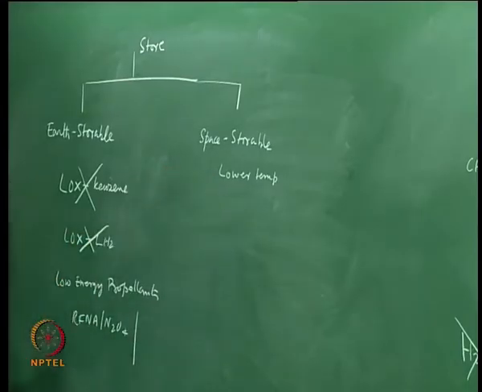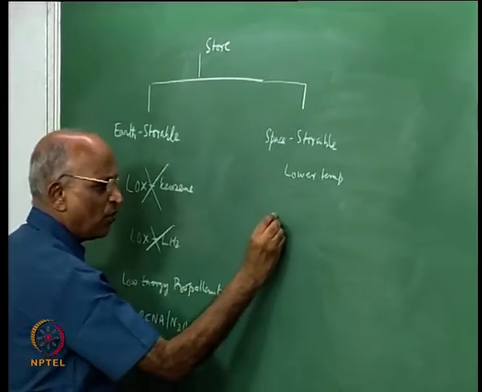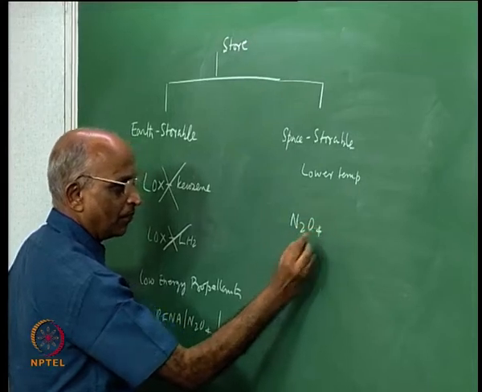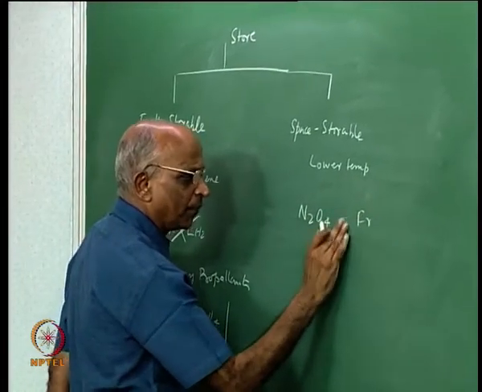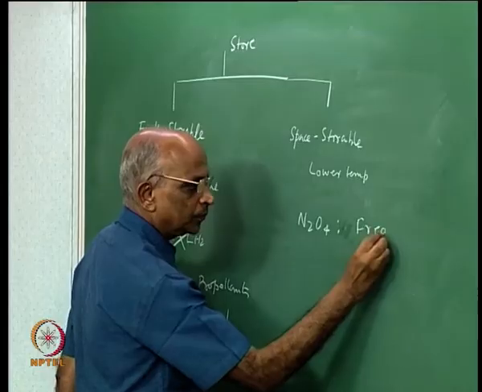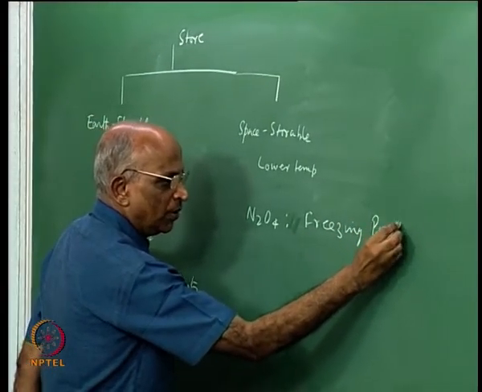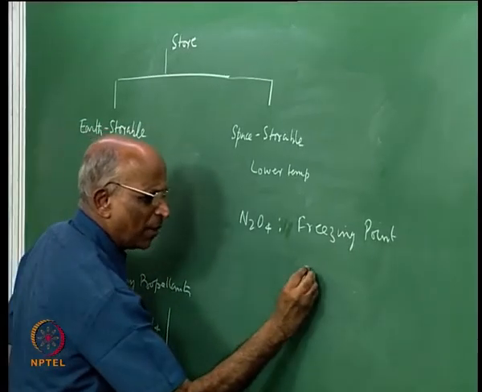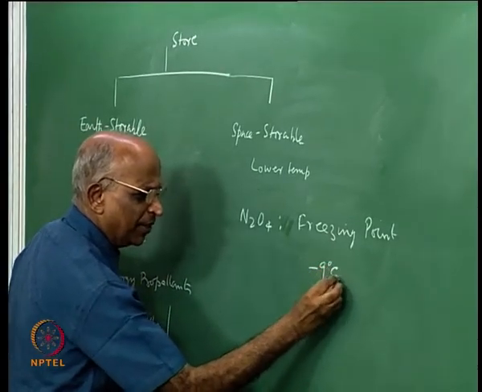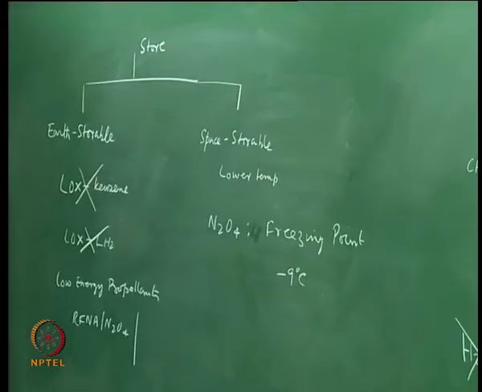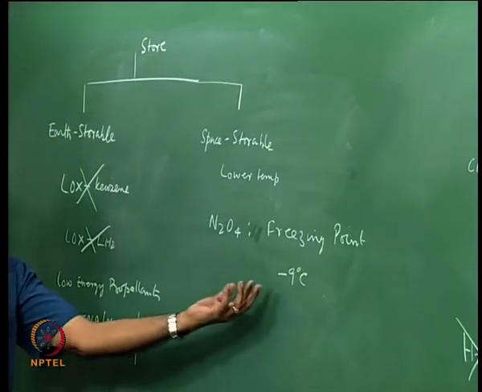For instance, let us take an example. N2O4 is a very good oxidizer. Let us consider the freezing point of N2O4. The freezing point of N2O4 is around -9 degrees centigrade, and whenever we have a spacecraft, when it is not looking at the sun, the temperature comes down.